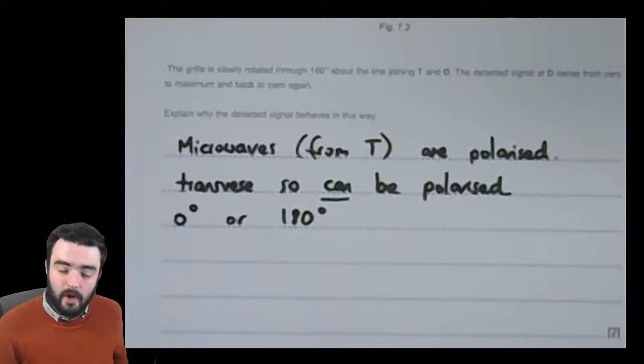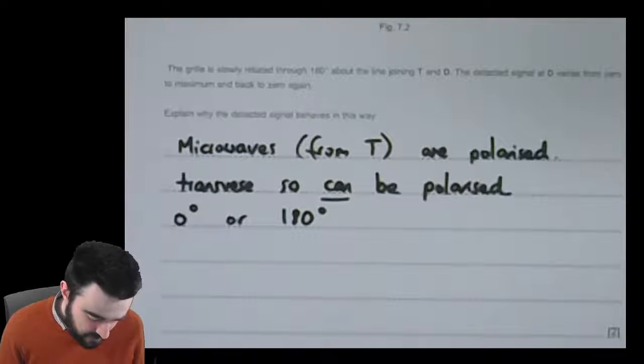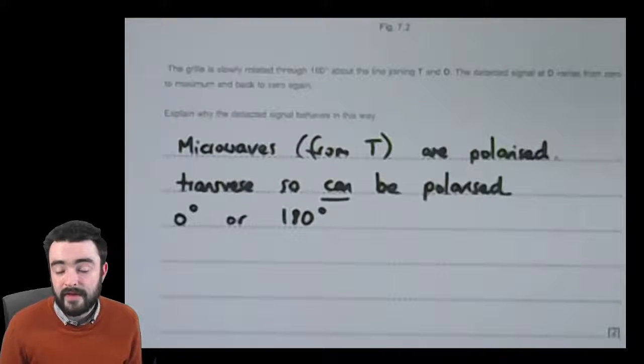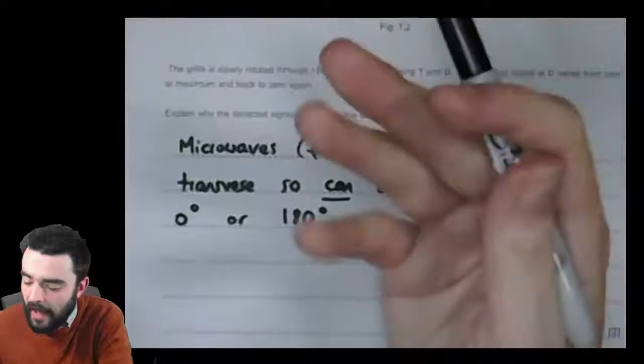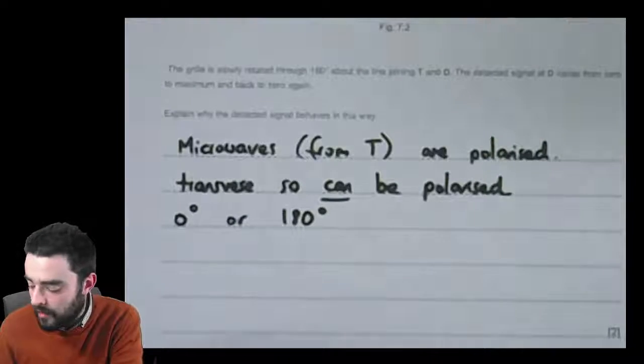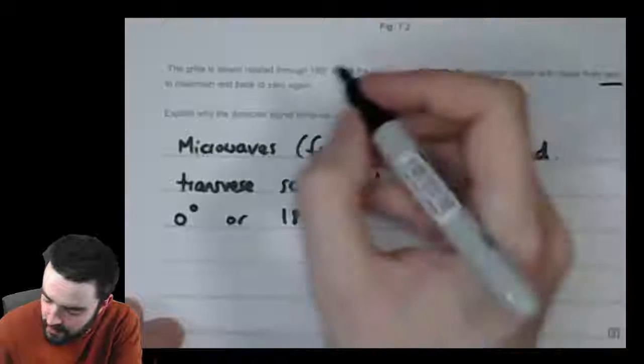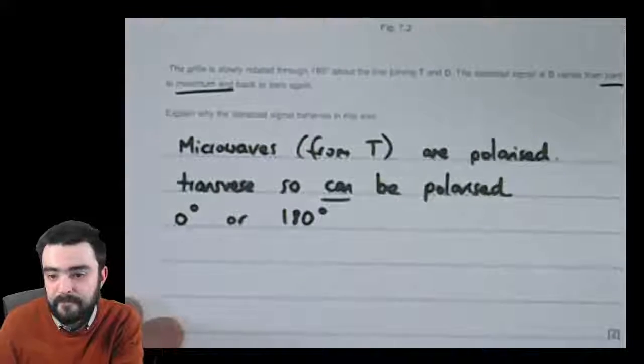So some common mistakes with this is that candidates will often not say that they are polarized, because how do we know that these microwaves are polarized? Well, it's saying that it varies from 0 to maximum.